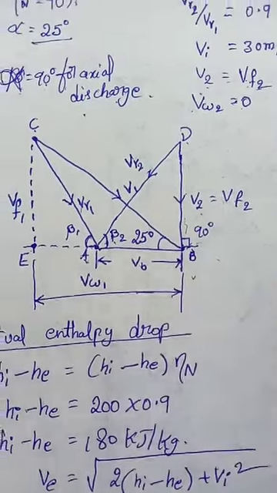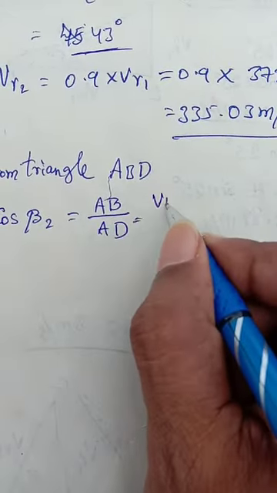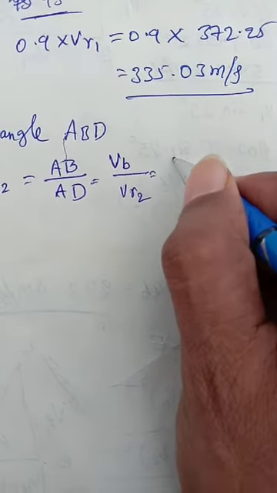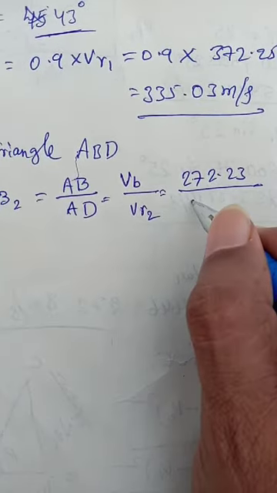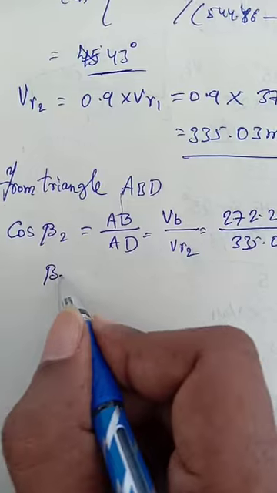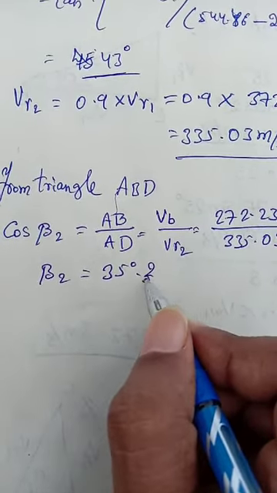Why? Because V2 we don't know, so then VR2 we know, so I take here cos, and now here substitute the values in here, VB divided by VR2. Then the values in here, 23 divided by 335.03. Now beta 2 is equal to 35 degrees 0.39 approx the value.